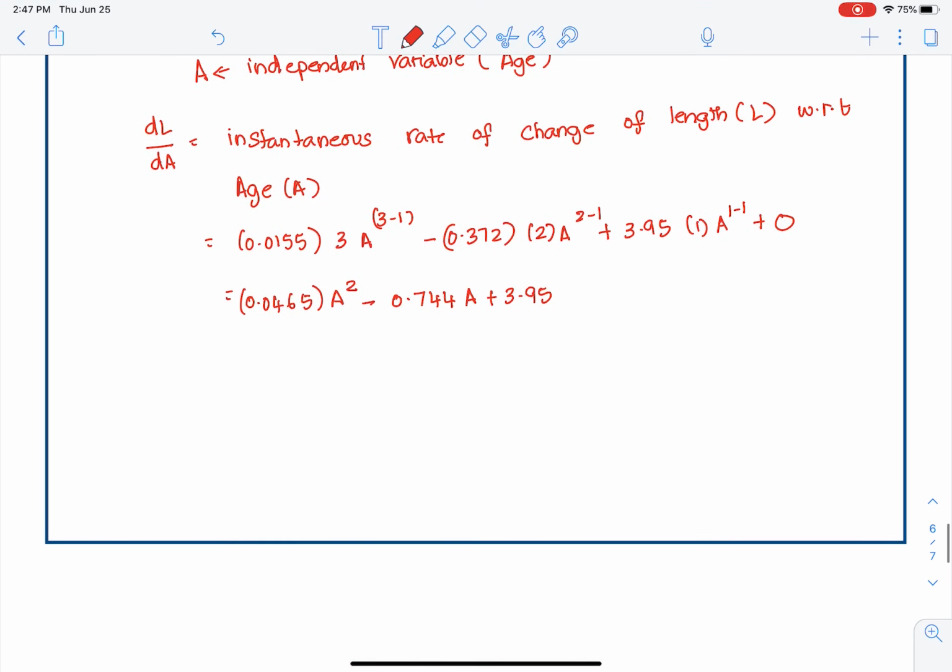So the derivative is also a function. When we say dl over dA at A equals 12, it means we have to plug A equals 12 into the derivative. So if we use the calculator, I'm trying to type that in here quickly.